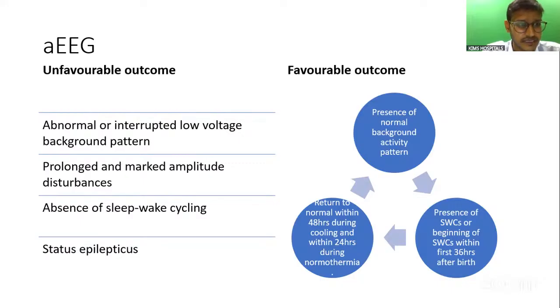And status epilepticus also has an unfavorable outcome. But if the background activity is normalized, sleep-wake cycle begins within 36 hours after birth, and the sleep-wake cycle returns to normal during cooling within 24 hours, it is considered a favorable outcome in neonates with HIE receiving therapeutic hypothermia.